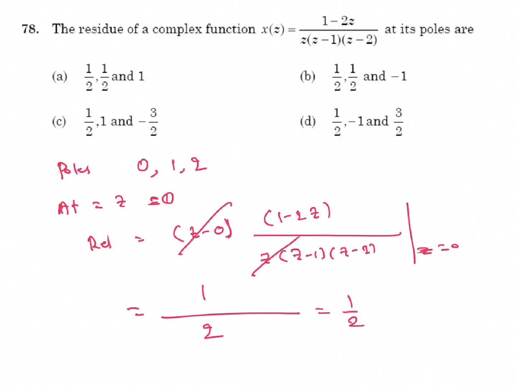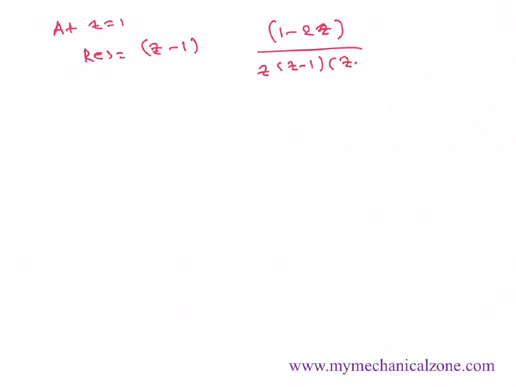Then for z equal to 1, z minus a into F of z, minus 1, z minus 2, at z equal to 1 you will get 1 minus 2, then minus 1.